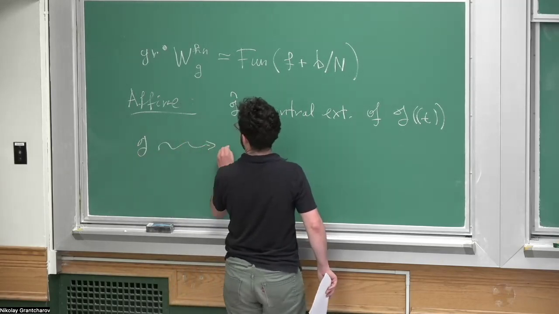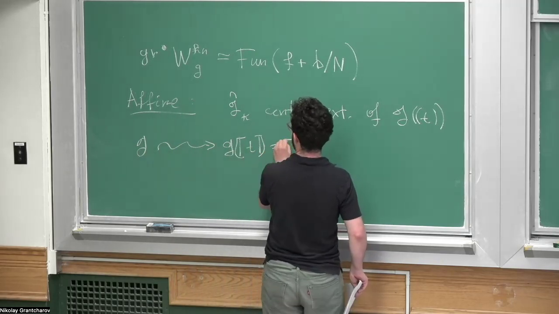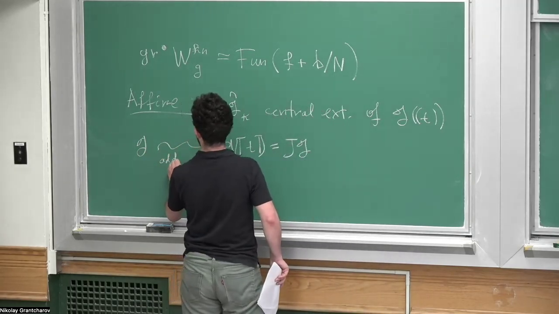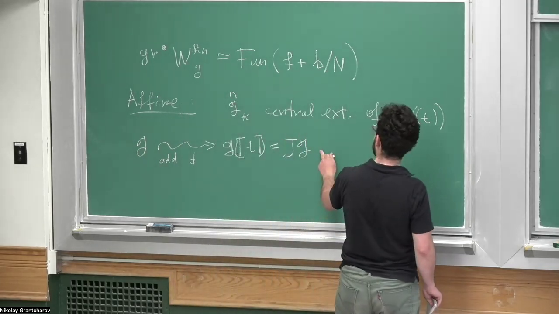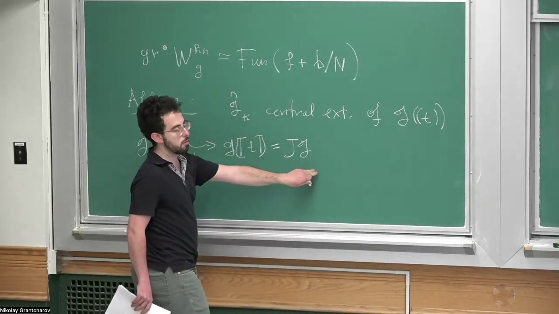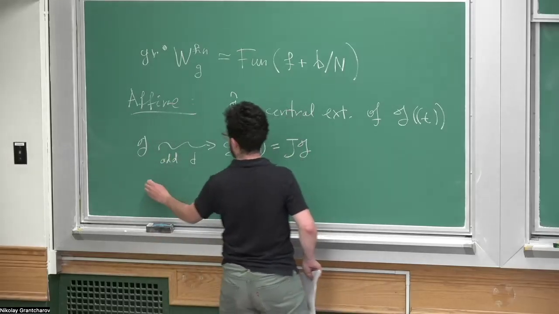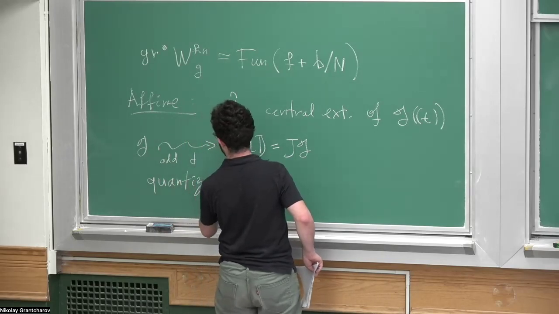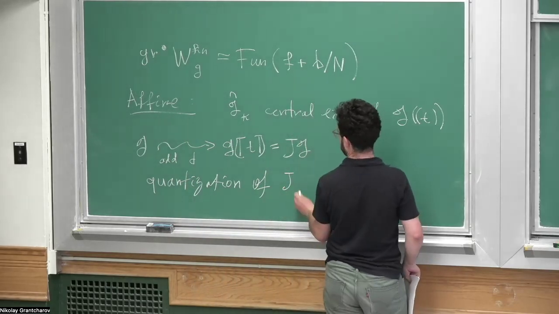The construction going from G to the jet scheme of G adds a differential, and this is the semi-classical case. Then the slogan is quantization of jet schemes.